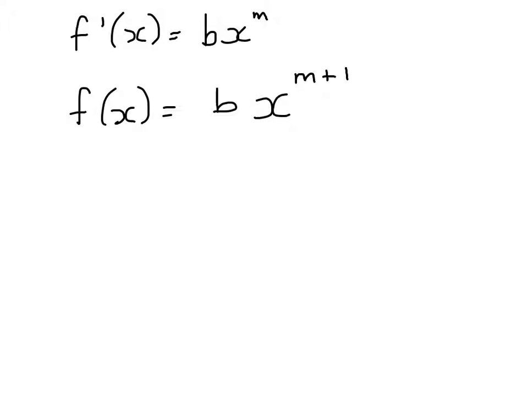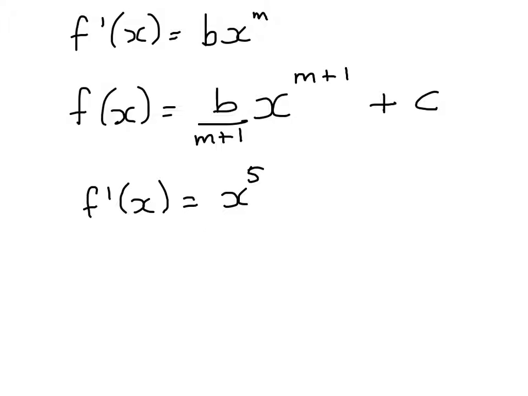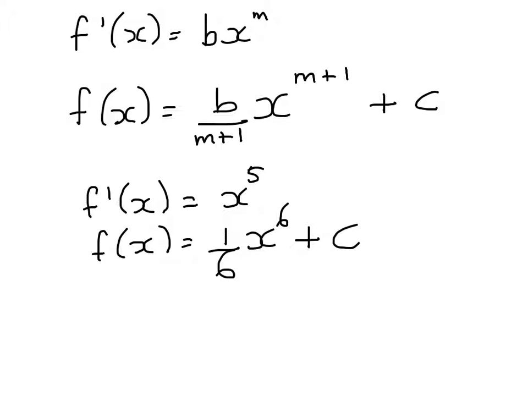We'll leave the constant sitting next to it and we'll divide through by m plus 1, and then we'll have a plus c. For example, if f dash of x is equal to x to the power of 5, then f of x is going to be 1/6 x to the power of 6 plus c.